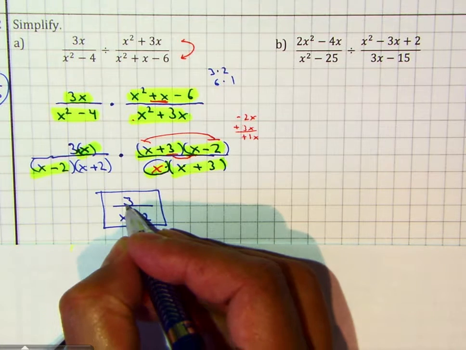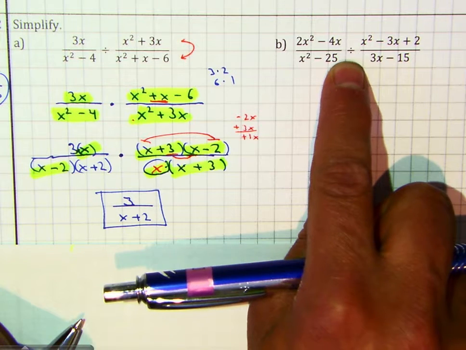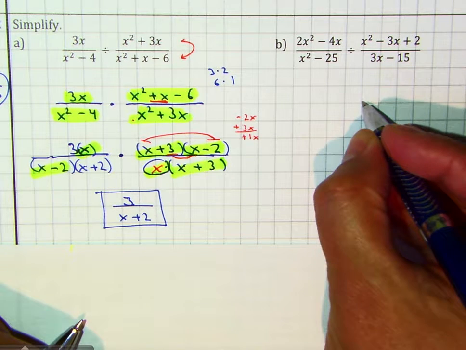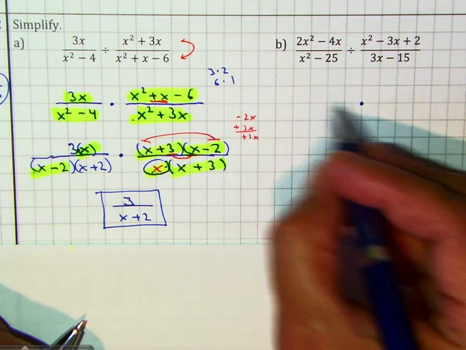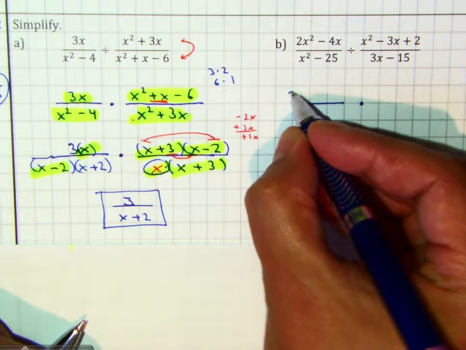Letter B. So first, we are going to change my division to a multiplication. And I'm going to take the reciprocal of only the second fraction. Your first fraction will stay exactly the same.